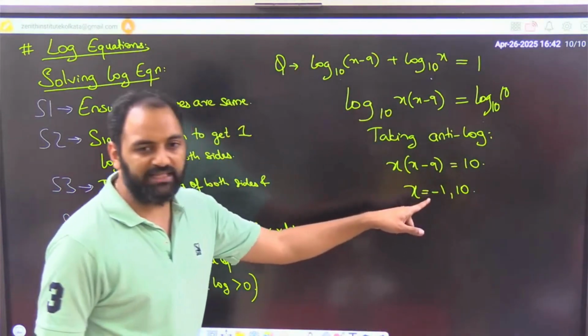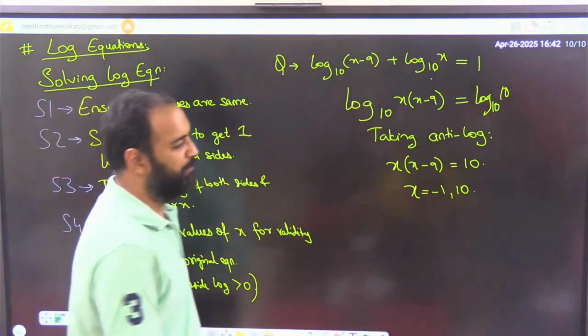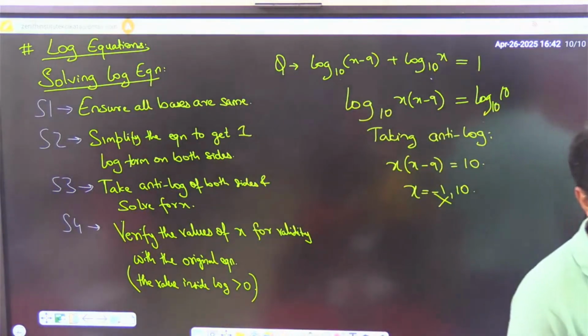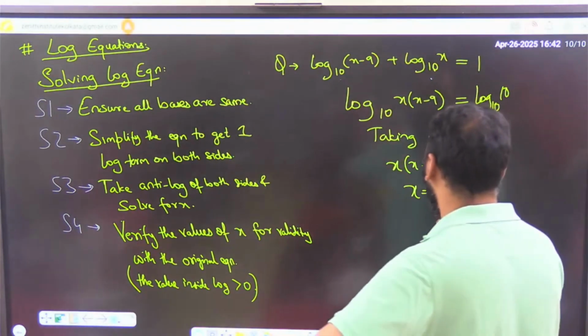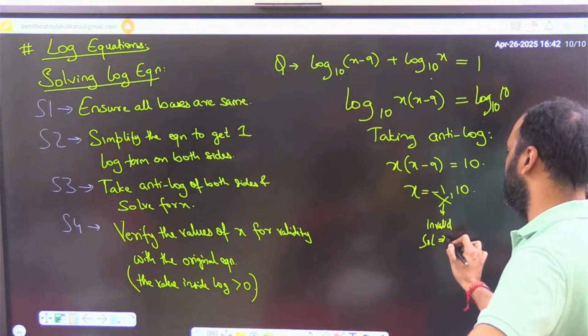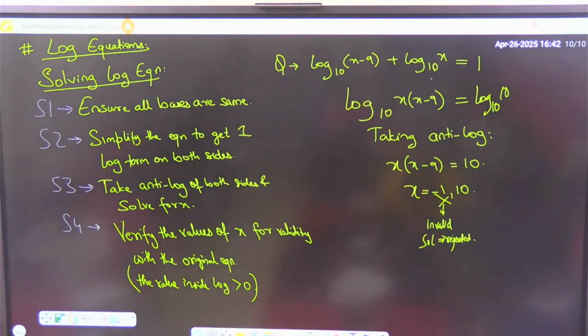So since using -1 we get a negative number inside the log, it implies that -1 is an invalid solution. It will not work. It has to be rejected. Although on solving the equation we are getting x as -1, x equal to -1 is an invalid solution, hence rejected.